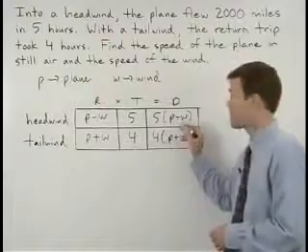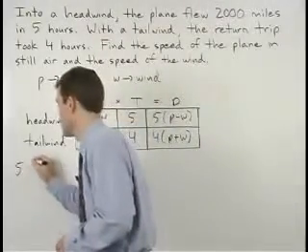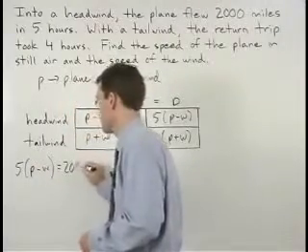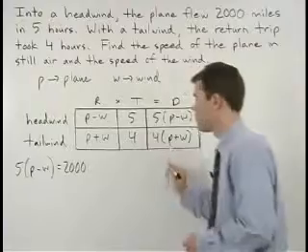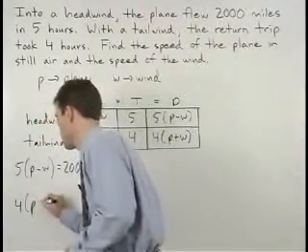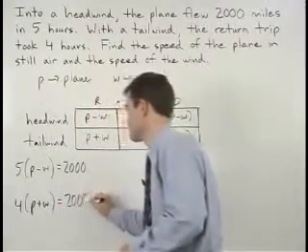So we have 5 times (p minus w) equals 2,000, and 4 times (p plus w) equals 2,000.